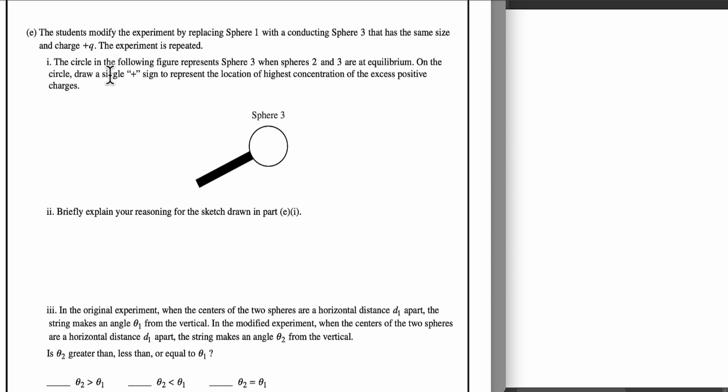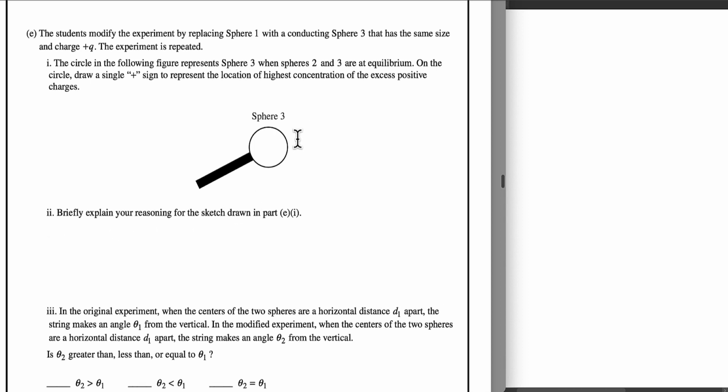The circle in the following figure represents sphere 3 when sphere 2 and 3 are at equilibrium. On the circle, draw a single positive sign to represent the location of highest concentration of the excess positive charges. That's sphere 3, and it's conducting. Okay, and you also want to talk about why you do such a drawing.